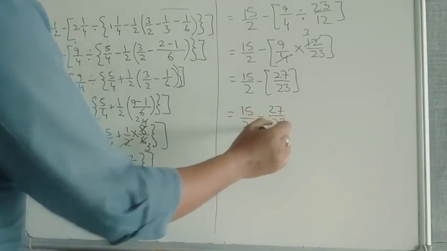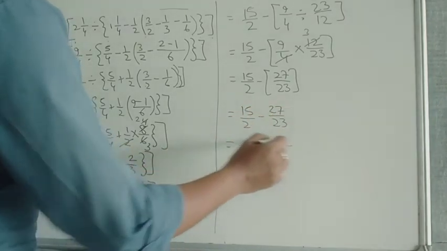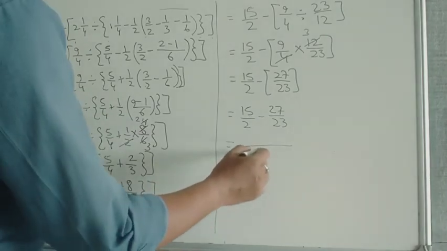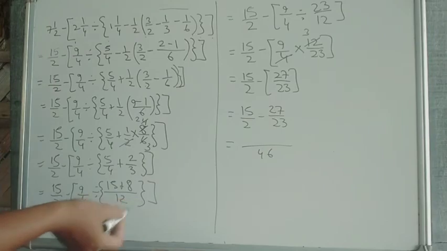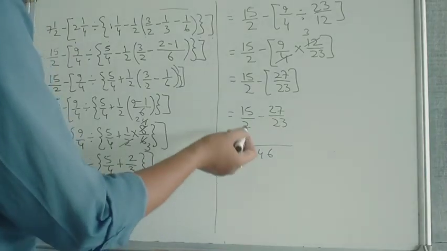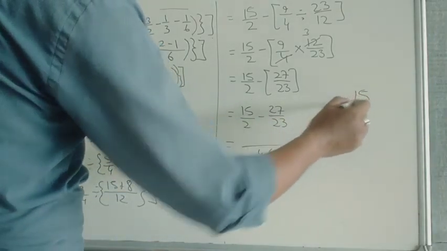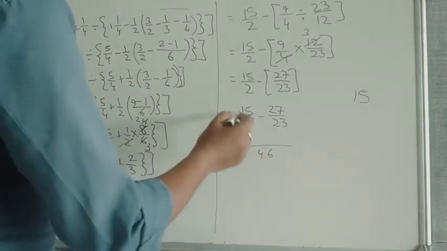So now the bracket is off. So 23 into 2. So 23 and 2, if you take LCM, it will become 46. So 2 23 is 46.